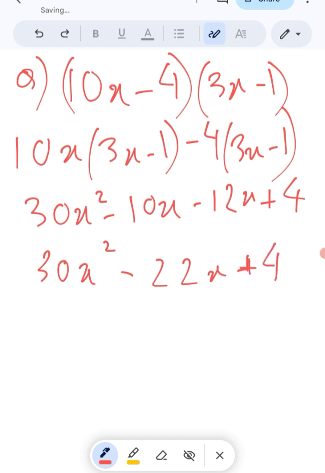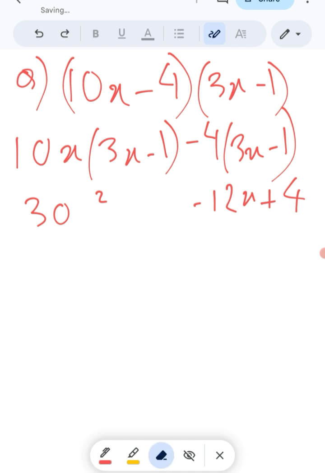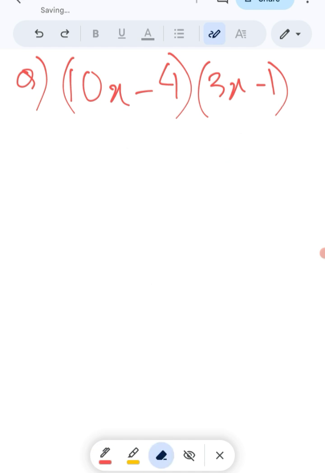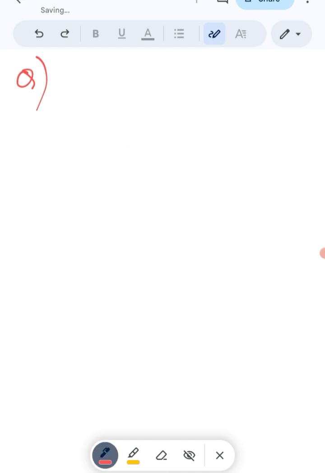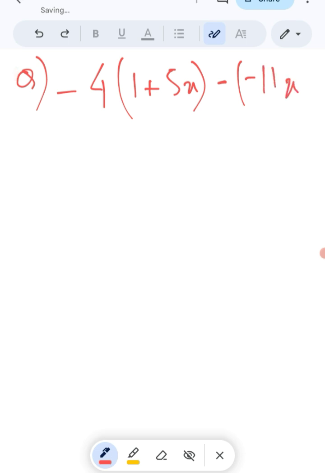Let's do one more question, but this is going to be a different type now. This is a question of like terms. For example, you are having minus 4 into 1 plus 5x, then a minus 11x. Let's solve it now.